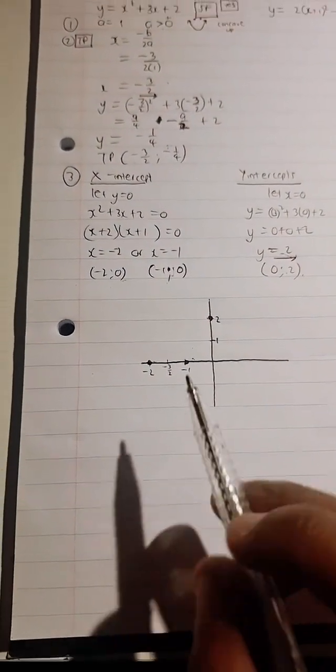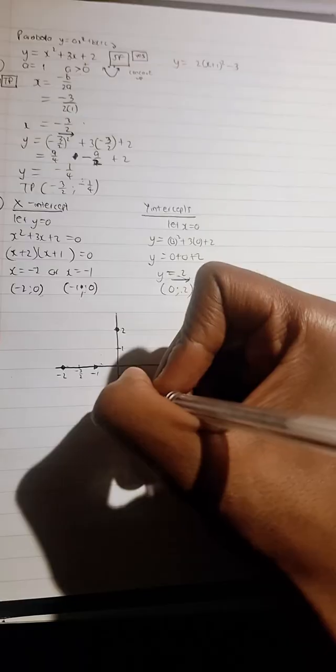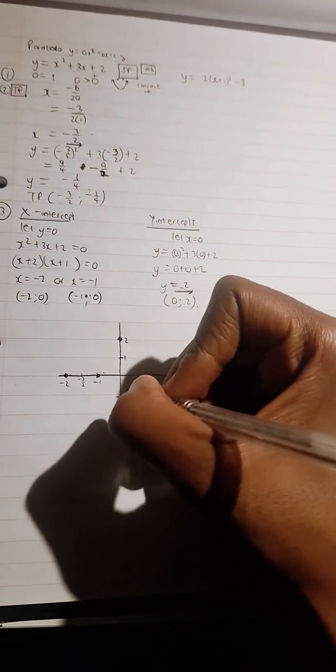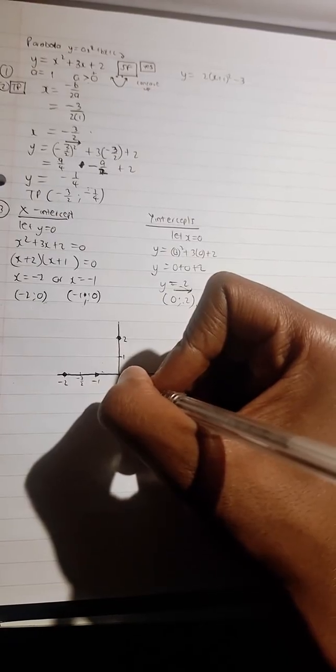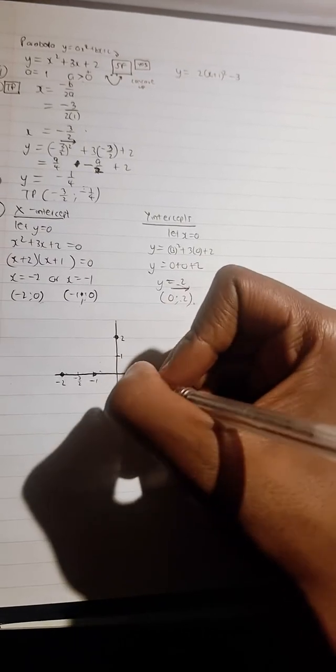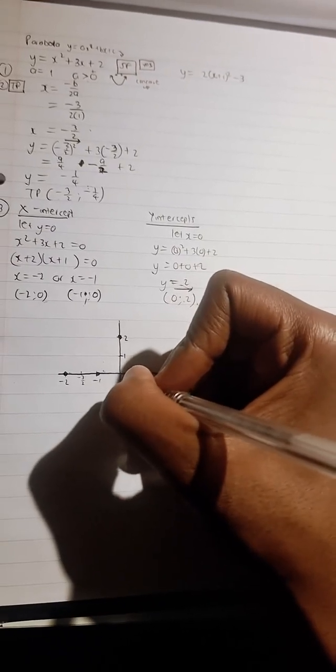So it's in between there. -3/2, just mark it. -1/4: if -1 is here, just for argument's sake, then -1/4 obviously is -0,25. Let's say it's here.